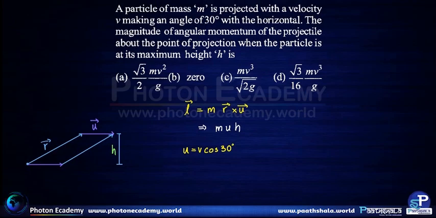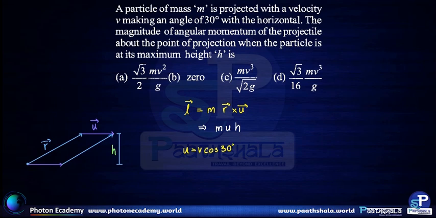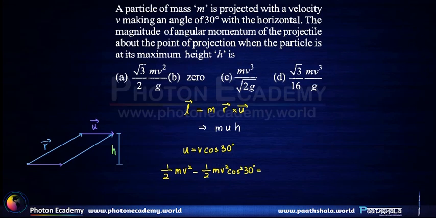The maximum height h can be given by the difference of kinetic energy at the point of projection and at the maximum height. We have 1 by 2 mv square as the kinetic energy when it is just projected, and 1 by 2 mv square cos square 30 degrees as the kinetic energy at the maximum height.